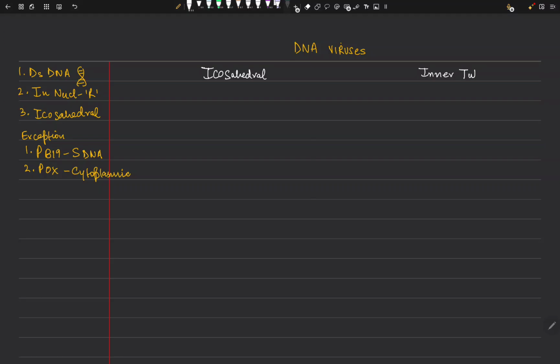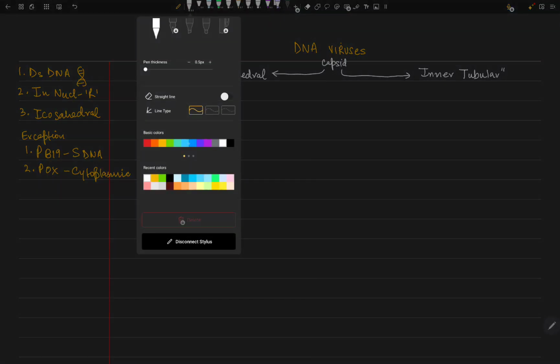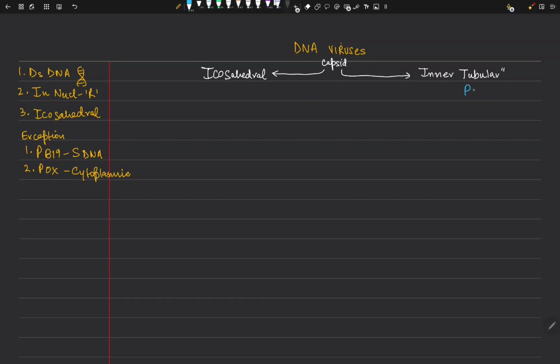So we are dividing them on the basis of capsid. We have two categories, icosahedral and inner tubular. The inner tubular group is basically pox viruses. That's it. All pox viruses are just the inner tubular group.